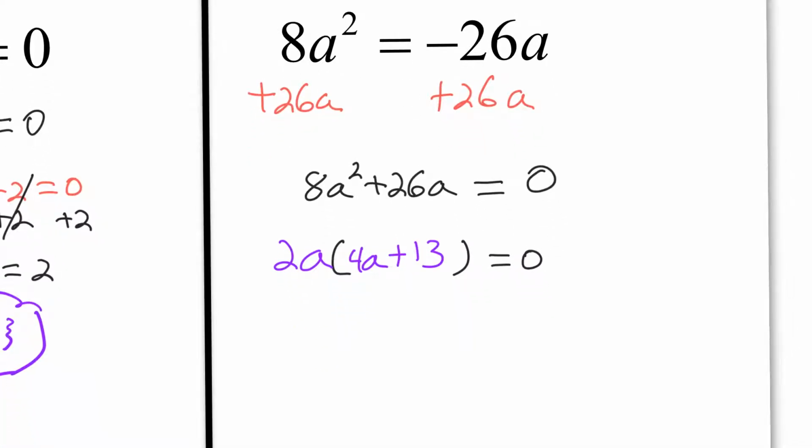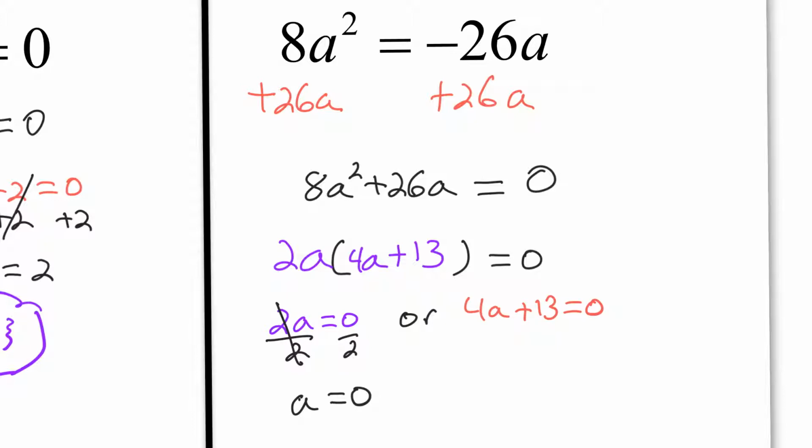We are ready to solve. So you guys will take the two equations, 2a equal to 0, that's 1, or 4a plus 13 equal to 0, that's the second one. So now you guys just divide by 2 right here, turns into 1, a equals 0. 0 divided by 2 is 0, and over here, it's a little bit more work.